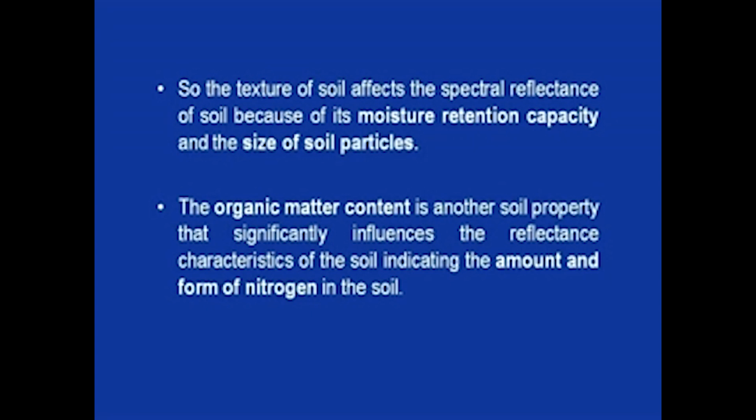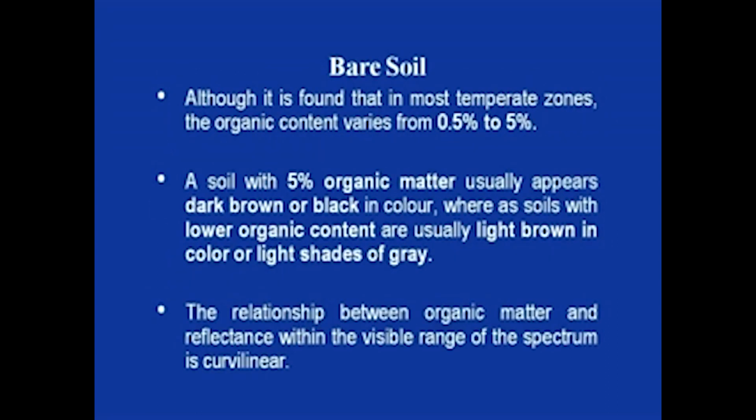The organic matter of soil is another soil property that significantly influences the reflectance characteristics of the soil, indicating the amount and the form of nitrogen in the soil. Although it is found that in most temperate zones, the organic content varies from 0.5% to 5%.